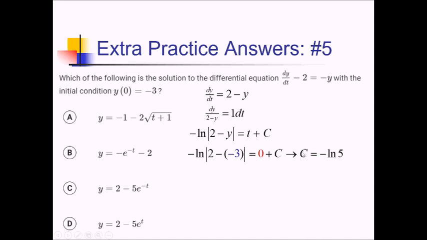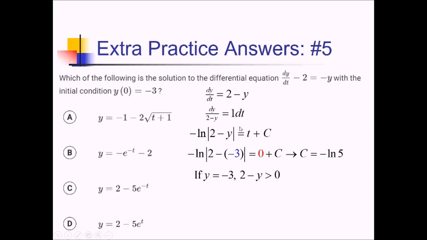So we're about to plug that back into this general solution. Before we can do that, though, we have to resolve this absolute value. We can't just leave it there. So to do that, we look at our initial condition again, and we see that if y equals negative 3, then 2 minus y is going to come out positive. The stuff inside the absolute value comes out positive, which means we don't actually need to negate anything to make the absolute value do its job.